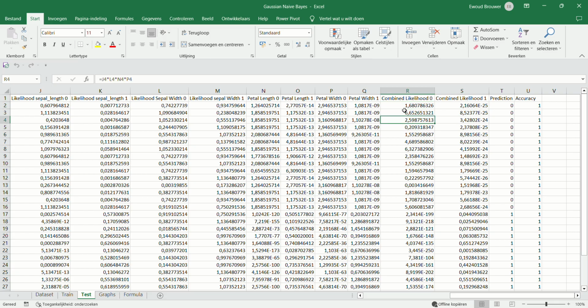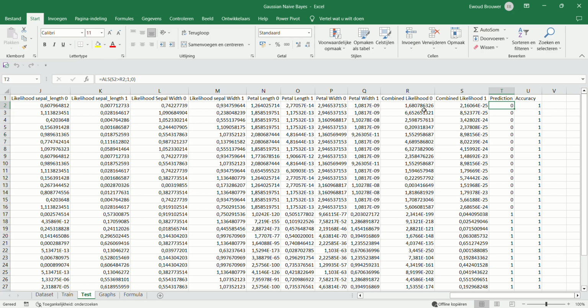If the likelihood of being 1 is higher than the likelihood of being 0, then we classify as 1, so as Virginica. Otherwise, we classify as 0.